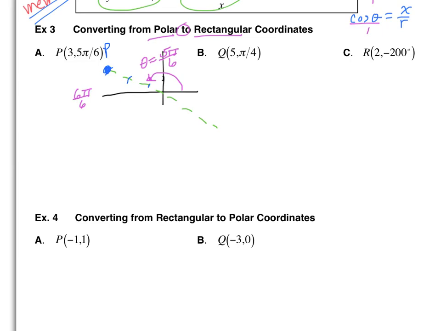Then I could create a special right triangle from there. Just bring it straight down to the x-axis. But instead of using theta, won't I have theta prime? Won't this be theta prime right here? And if theta is 5 pi over 6, and this is 6 pi over 6, what's left over for here? Pi over 6.